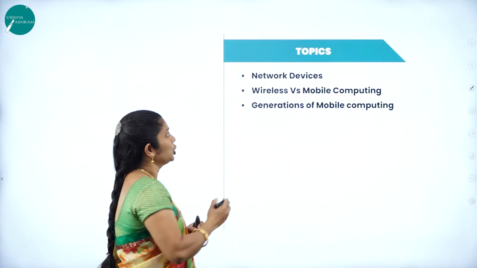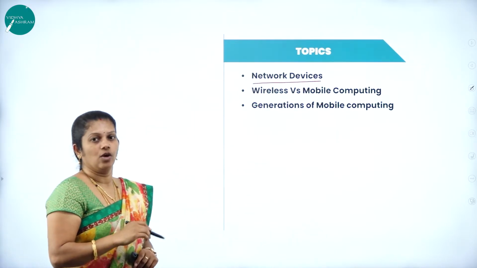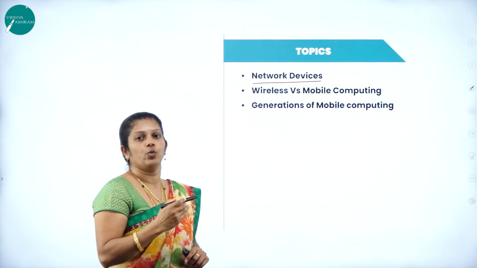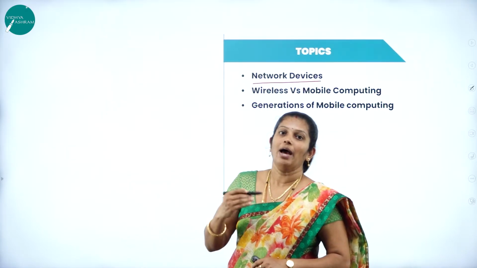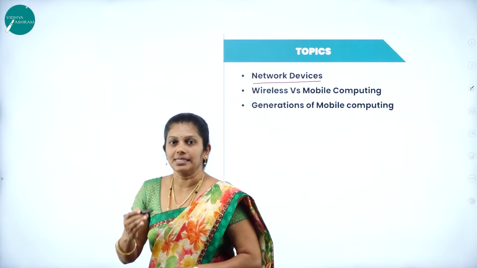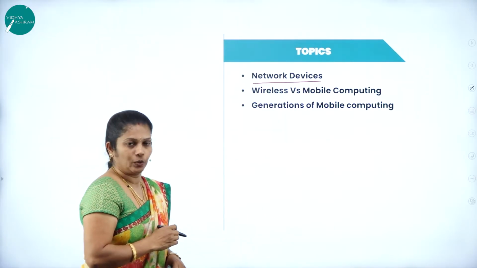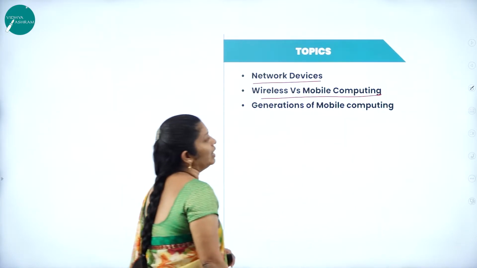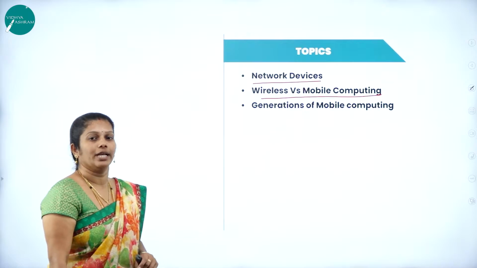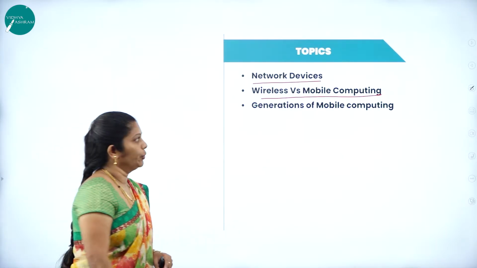In today's class, you will study network devices. Which are the network devices we are using, whether to divide the network, to amplify the network, or to increase the strength of the network. With that, wireless versus mobile computing: how we can transfer, whether with wireless or with mobile computing.